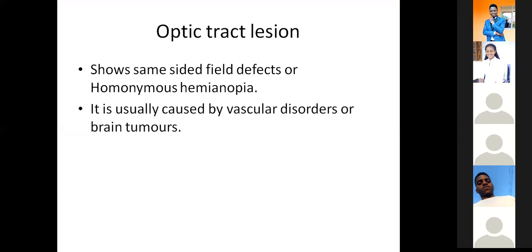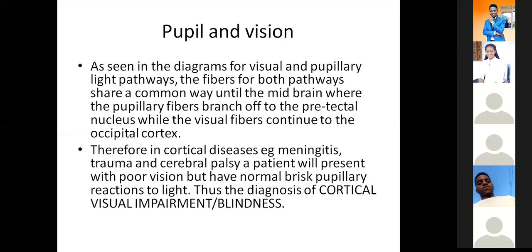So I've said earlier, same-sided field defects or homonymous hemianopia is usually caused by vascular disorders or brain tumors. The commonest problem, because the optic tract is located within the midbrain, and the problems in the midbrain are purely vascular, where the circle of Willis, the posterior communicating arteries, the superior cerebellar artery and cerebral arteries are the ones where those visual fibers pass, and their aneurysms can cause problems, or sometimes they can get tumors.